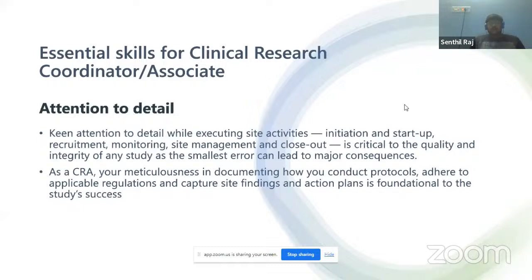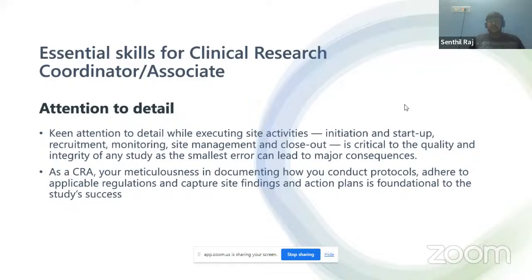So for example, the patient has to come today for the visit. Due to some reasons, he couldn't come. So he will be coming after another week or two. During the process, you don't have the luxury of keeping it for a week.